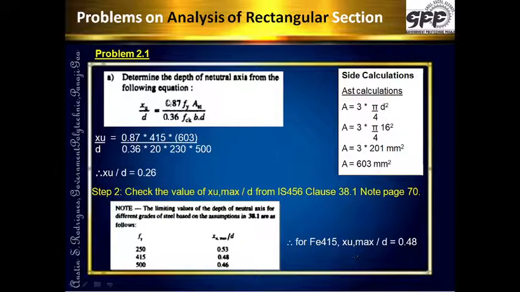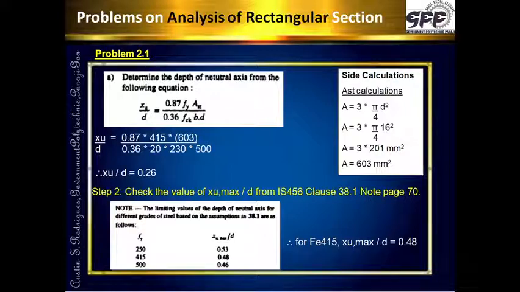Now on the right hand side, 0.87 is already known to us. fy is the type of steel we have been already given. The grade of steel is Fe415. So fy, the yield stress of Fe415 is 415. Now area of steel has been given indirectly to us. We have been told that there are 3 bars of 16 mm diameter.